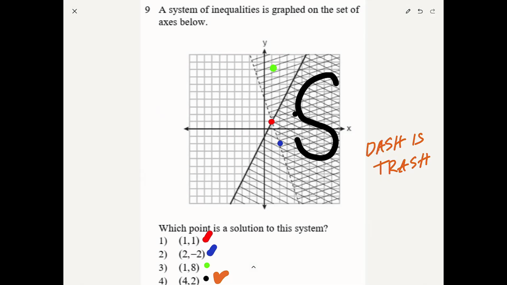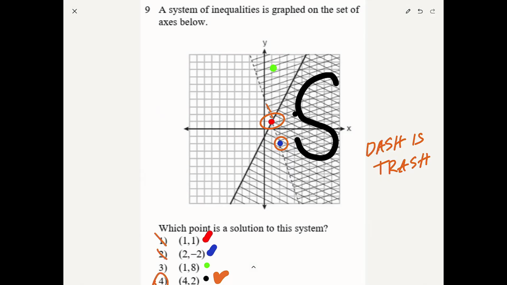So this one here is on this dashed line, so it's not in the solution set. It's right on the boundary, but it's not included. The same thing with number 2. This one is also on the dashed line, and even though it's on the boundary, if it's on the dashed line, it's not in the solution set. So that's why number 1 and number 2 were not considered solutions, and the only one is 4.